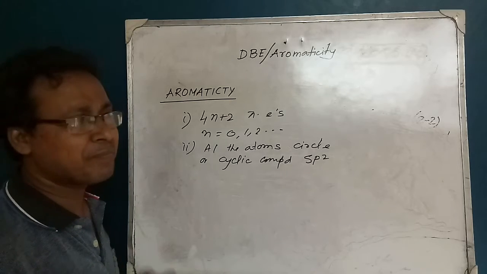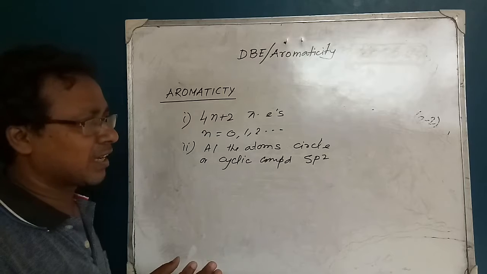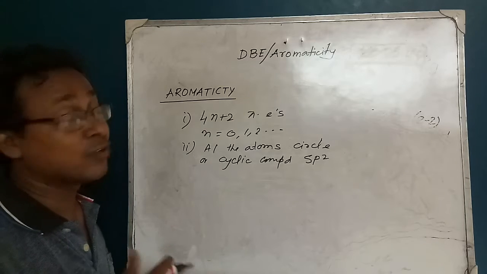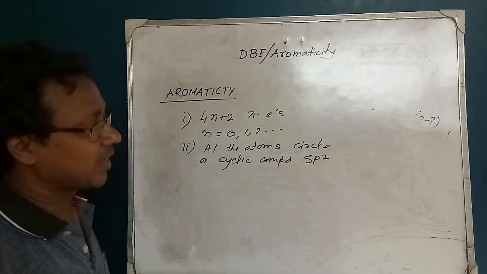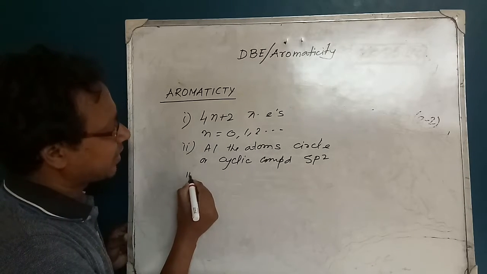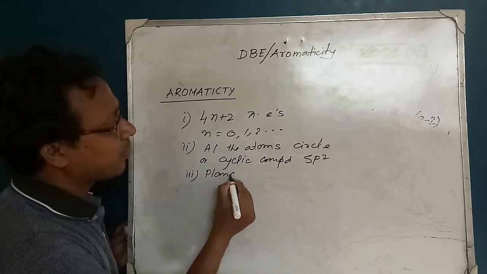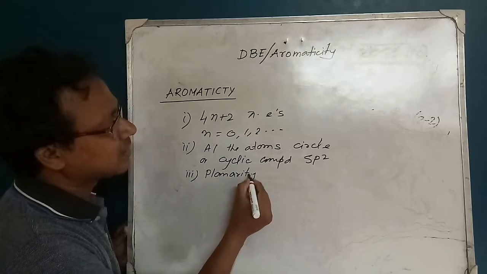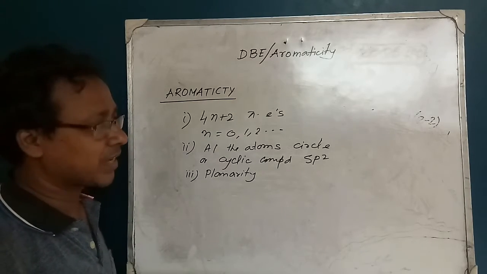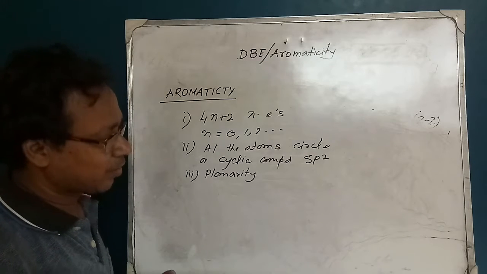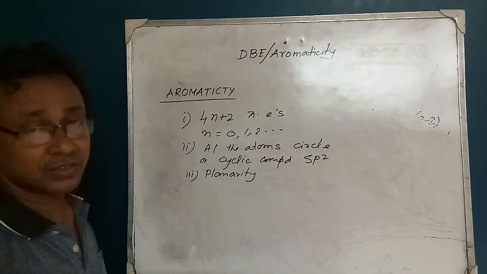All must be in the same plane so that the orbitals can easily overlap to delocalize the electron clouds. And number 3, there must be planarity of the organic compound. The organic molecules must be planar or nearly planar, so that electrons can easily delocalize.